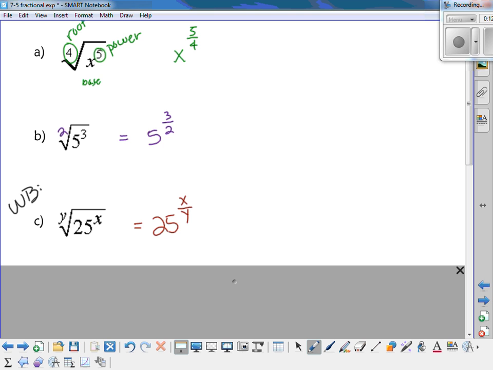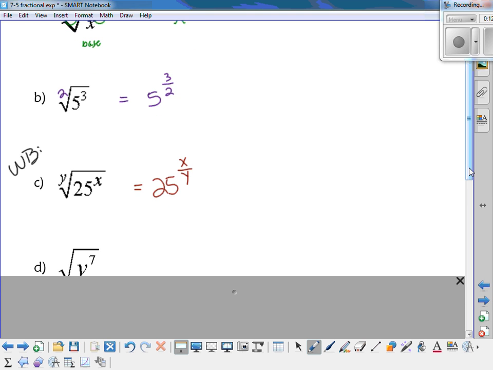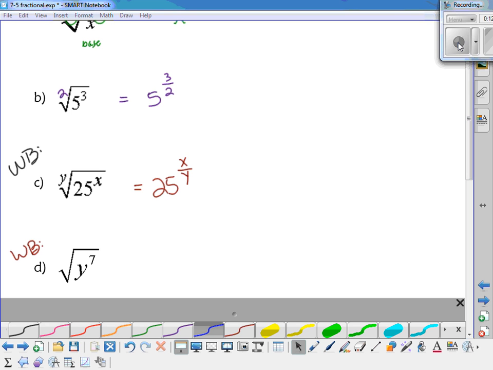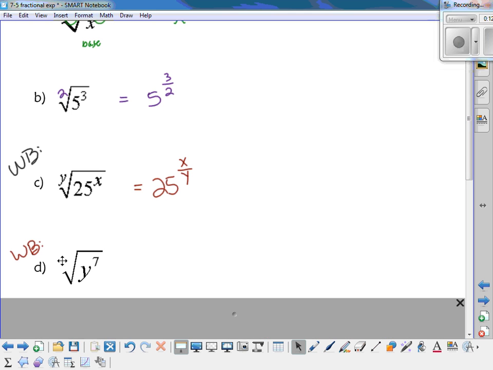Y. Okay, let's do this one on your whiteboards also. Okay, so again, if you're going to forget about that 2, please write it whenever you have a square root. So that's y to the 7 over 2.